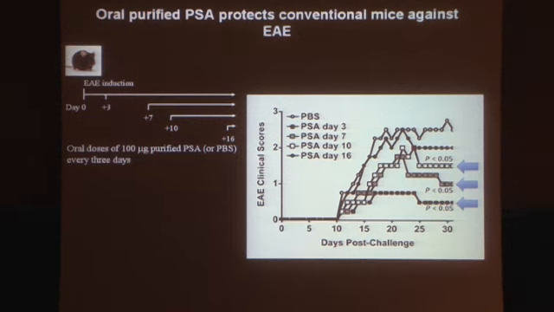The PSA treatment ameliorated the course of disease whenever it was started. It didn't reverse it. It just stopped the progression of the disease, which presumably still is ongoing until it was given by various immunologically mediated phenomena.